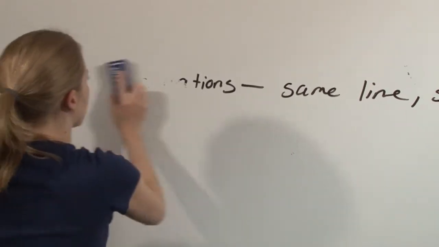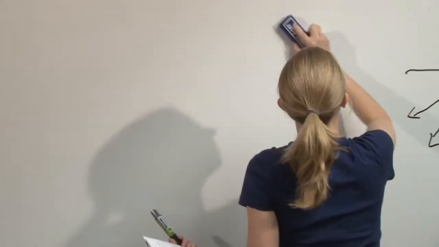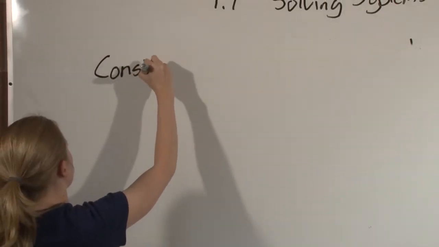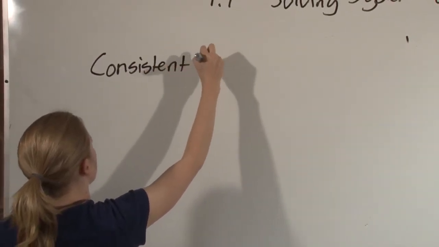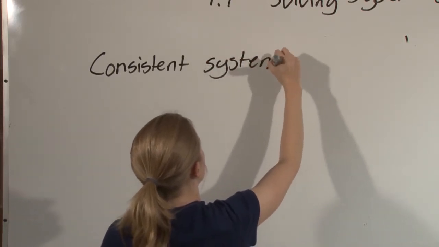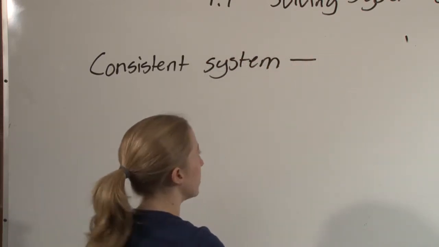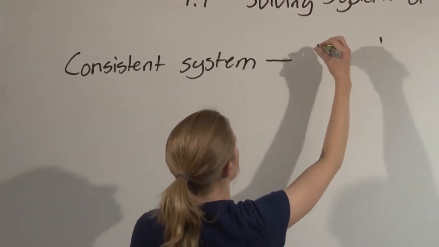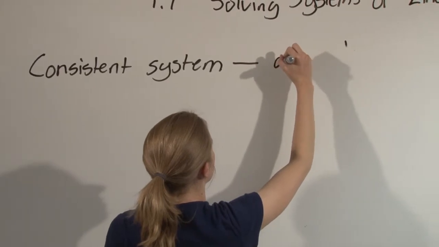The next set of terms are consistent and inconsistent. So this is referring to a system. So if a system of 2 or more equations has a solution, or if it has infinite solutions, it is consistent.